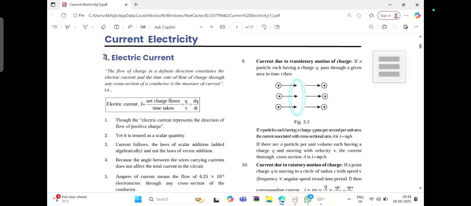But at first we want to know what electric current is.